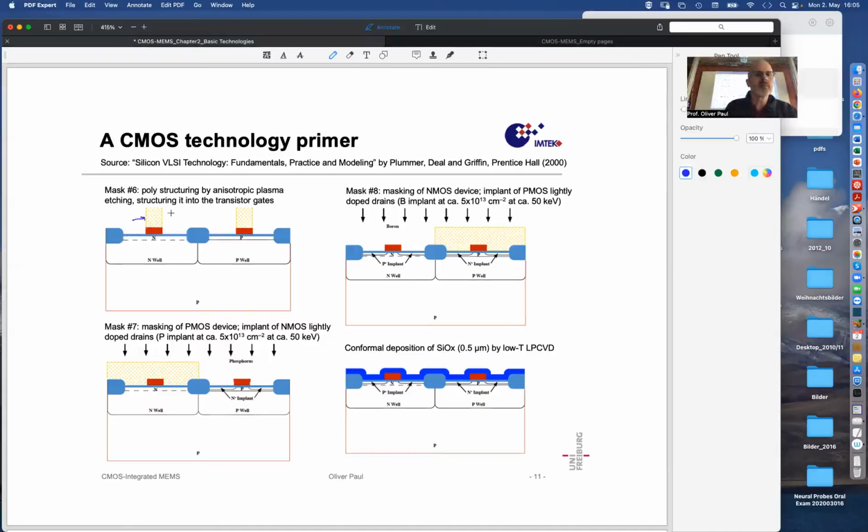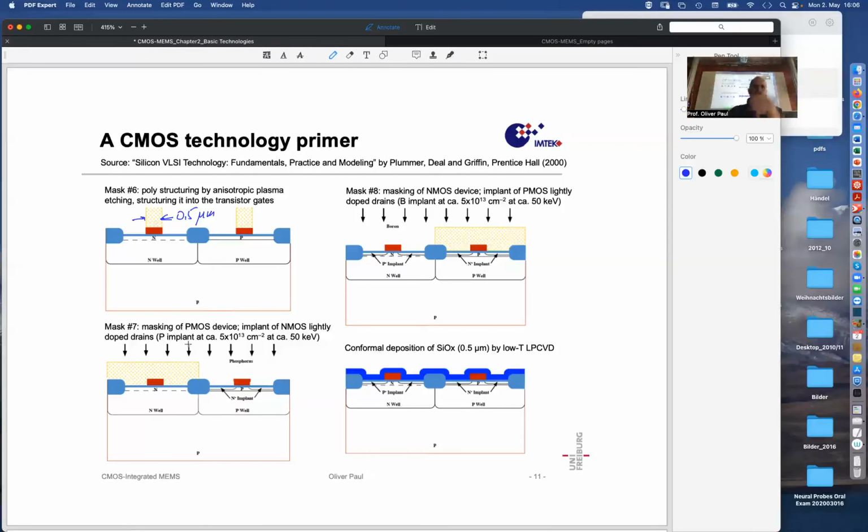So let's say tentative value 0.5 micrometers, which kind of coincides with the thickness of 0.3 in the vertical direction, if we think this to be to scale. So now what we have is kind of the infrastructure needed to produce these transistors.